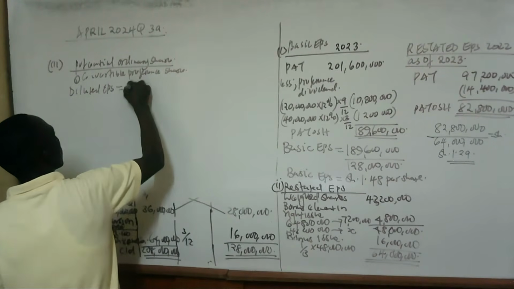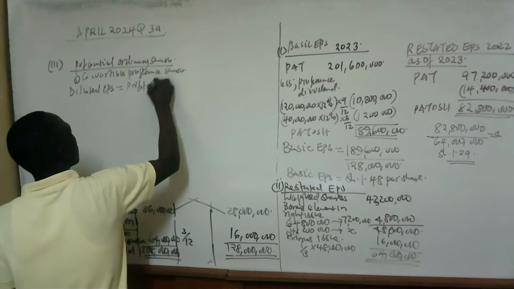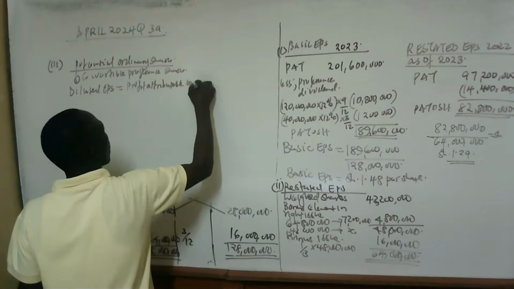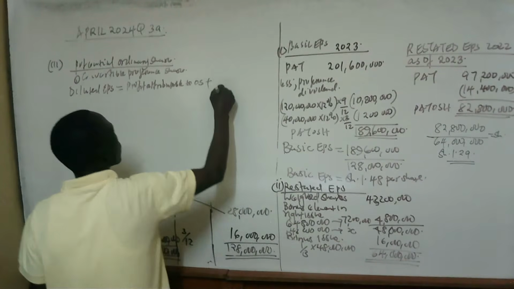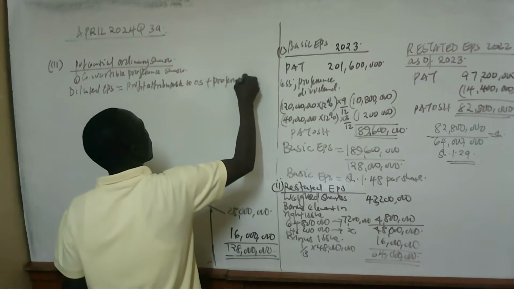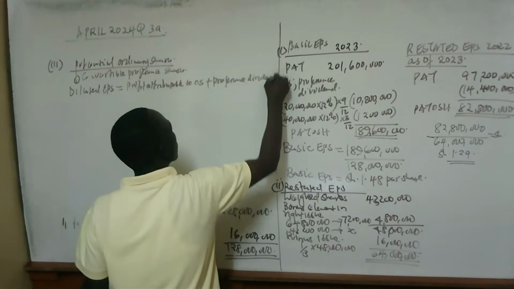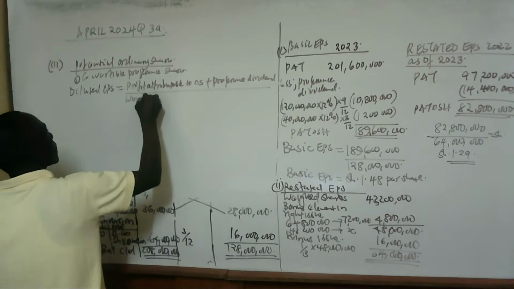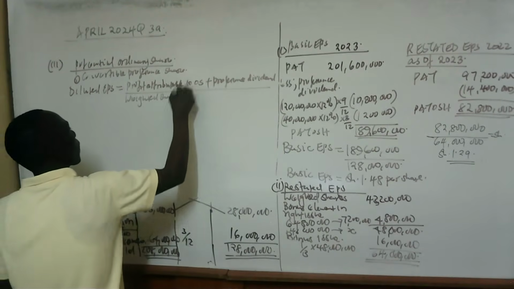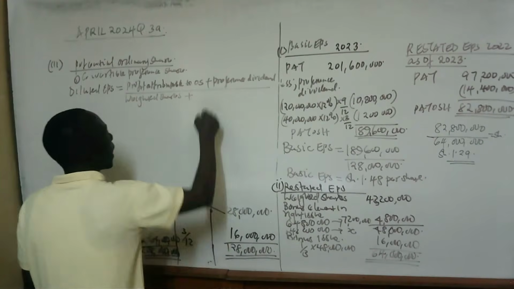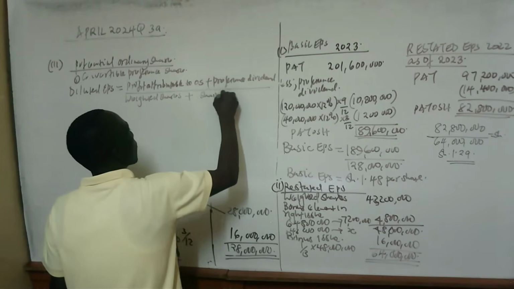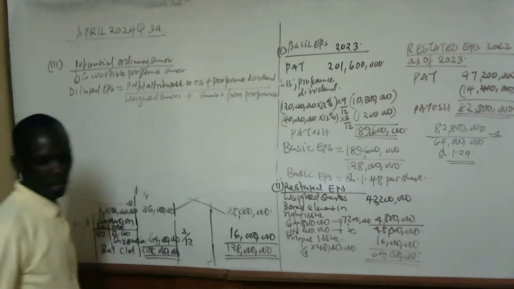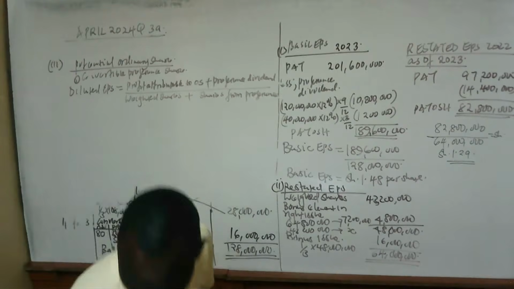Is going to be given by the profit attributable to ordinary shares, then plus what? Plus preference dividend, then we divide by what? We divide by the weighted shares, then we add what? We add the shares from what? From preference. Shares from preference. So that is how our formula is going to look like.